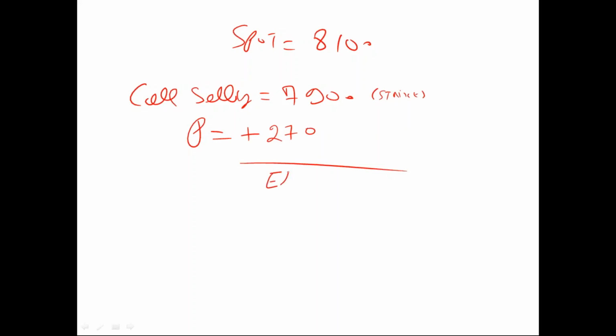On the date of expiry, the spot price went to, let's suppose, 7970. So what will be your profit or loss? Calculate and tell me, and then match with my answer.